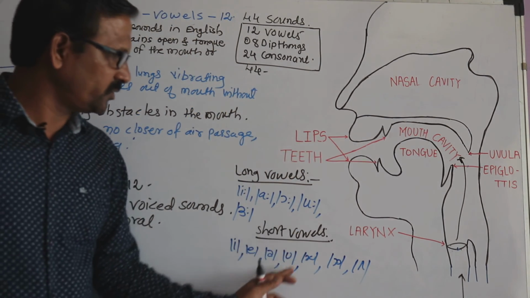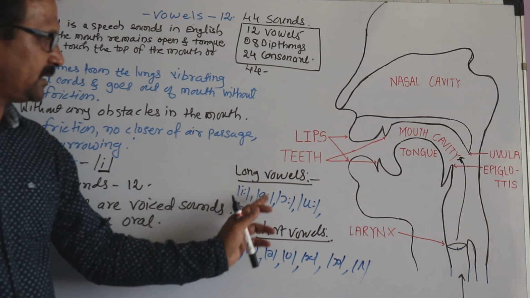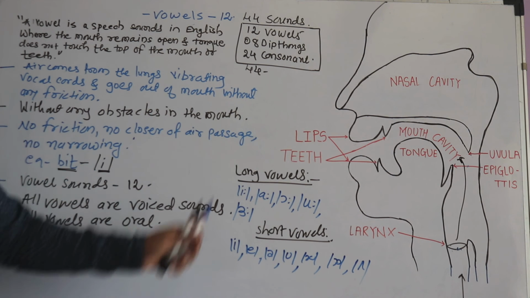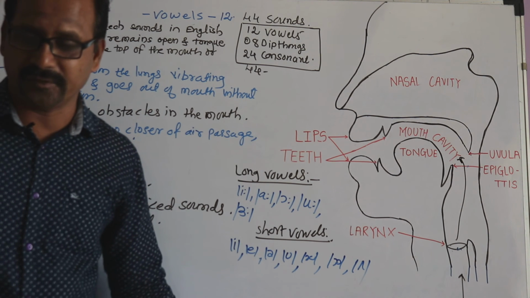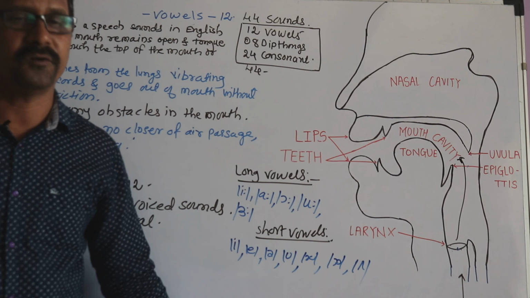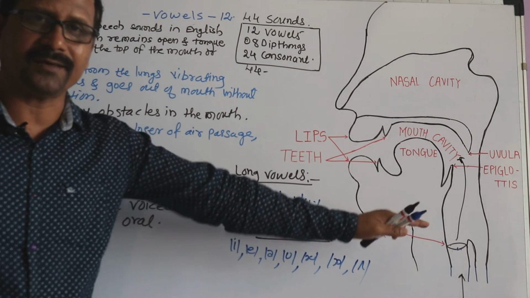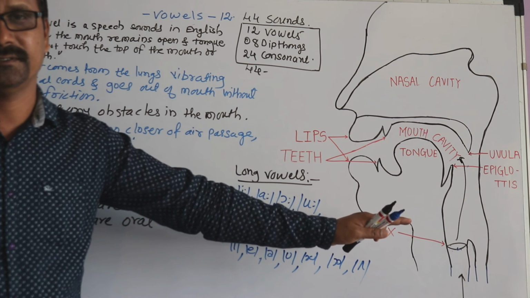So these are the short vowels and these are the long vowels. So friends, just try to understand what happens in the case of vowels when we produce a vowel sound. With the help of the figure of speech, we have seen how vowels are produced.